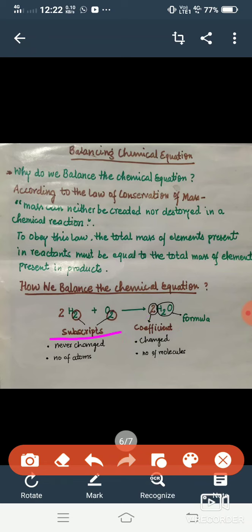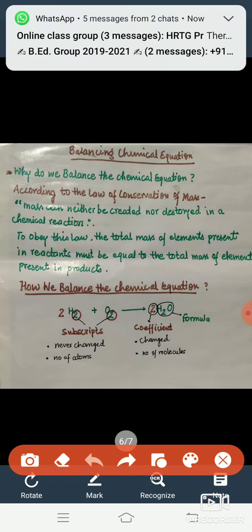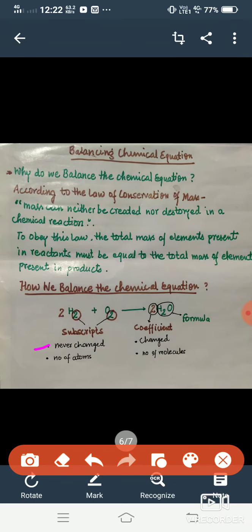Here the subscript can never be changed. During balancing of the chemical equation, we don't change the subscript, and the subscript shows the number of atoms.